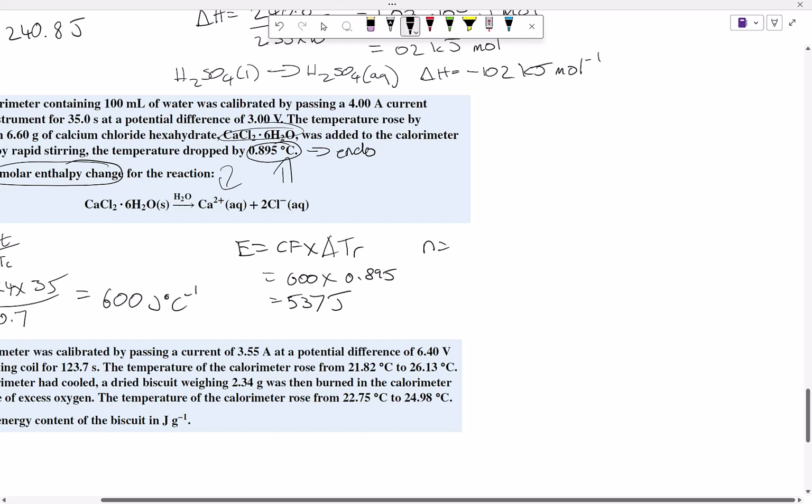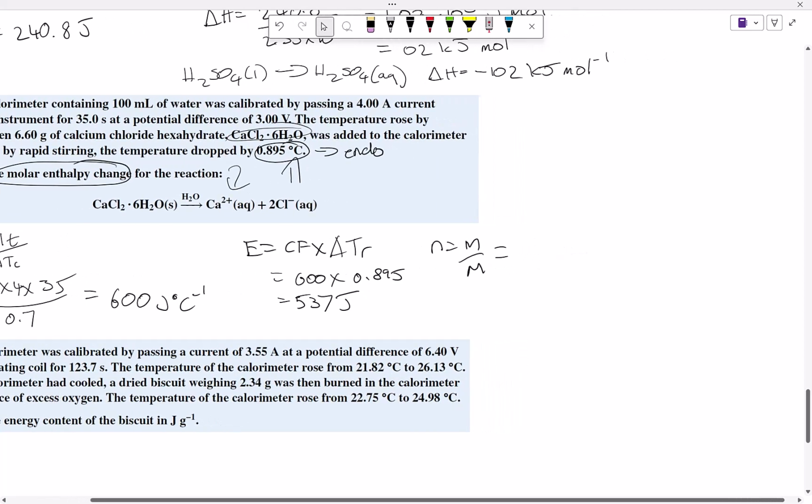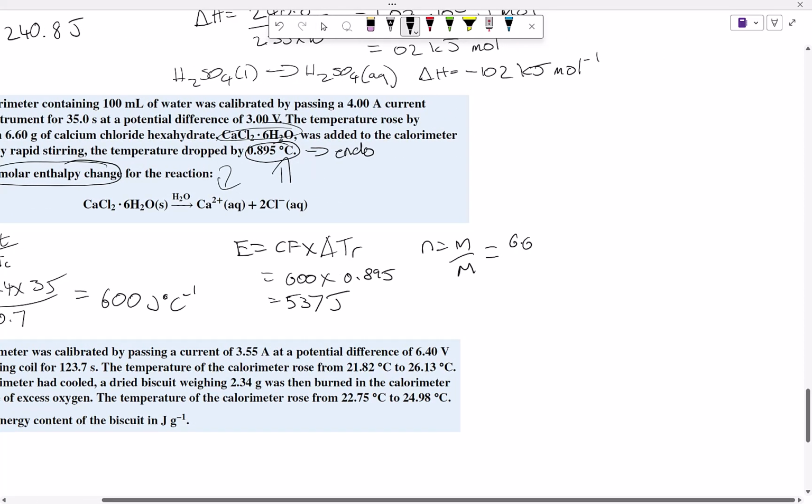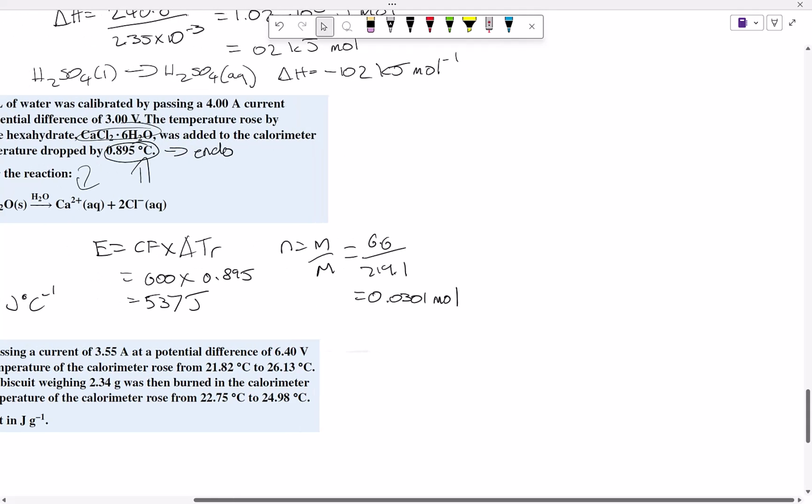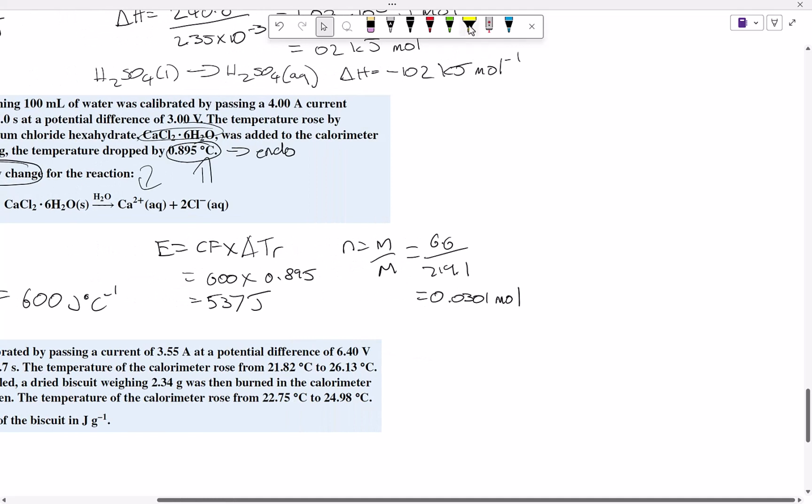So the mass we were given was 6.6 grams divided by a molar mass of 219.1. It's going to be equal to 0.0301 moles.